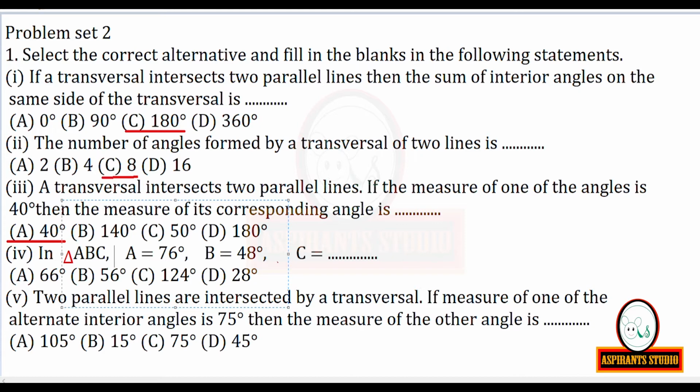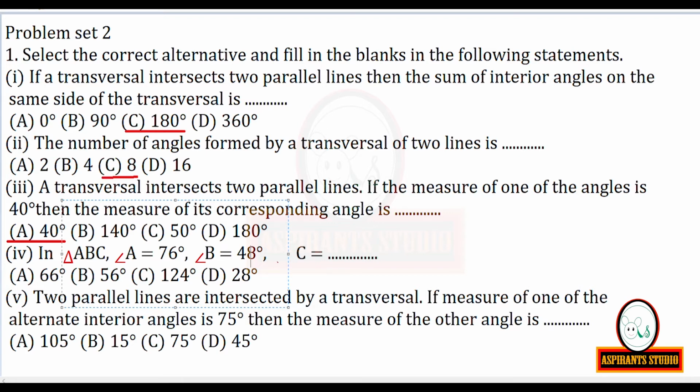Because the sum of the measures of the angles in a triangle is 180 degrees. The third angle's measure is asked. So you have to add the measures of the first two angles and subtract from 180 degrees.